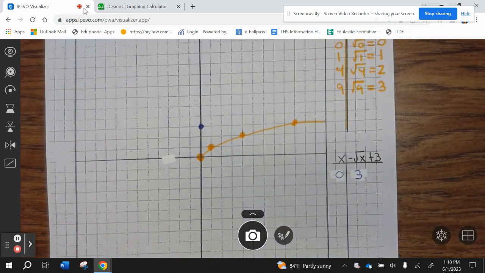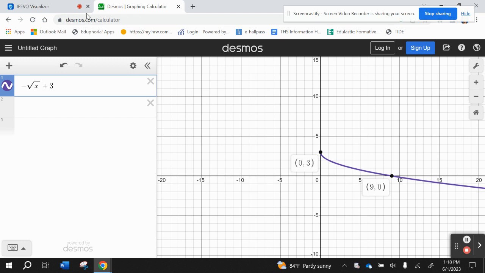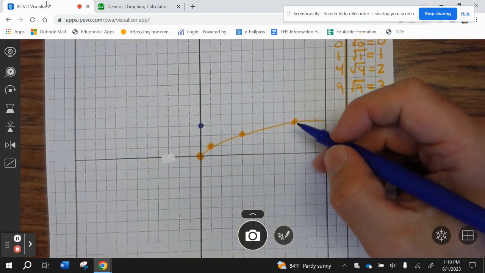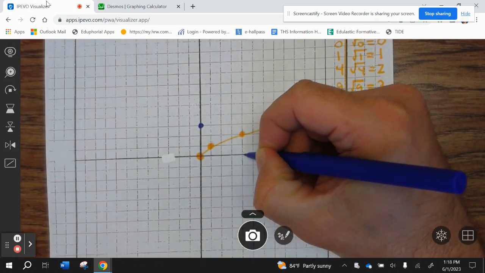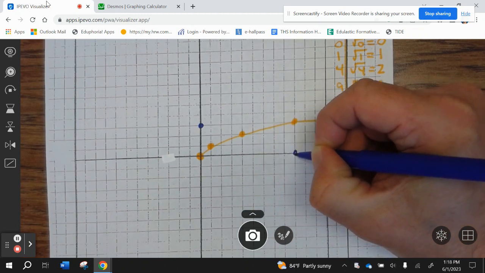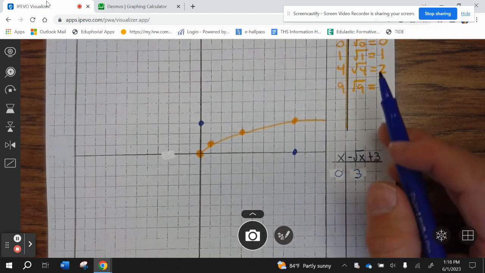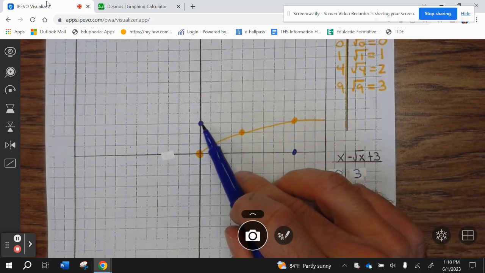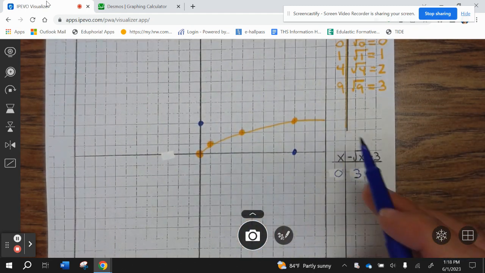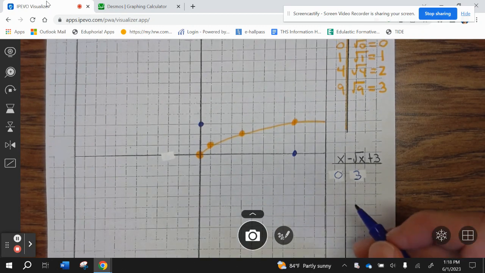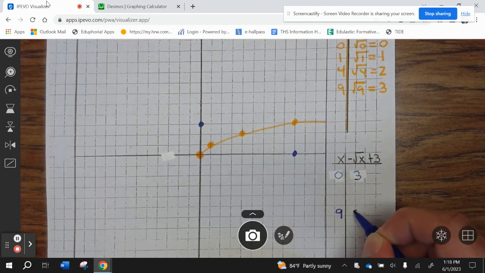Okay, so now let's take a look at this point right here, 9, 0. Okay, so 9, 1, 2, 3, 4, 5, 6, 7, 8, 9, 0. Okay, so that's this point corresponding and this point right here. So we need to leave space for these 2 points, and this point is 9, 0.